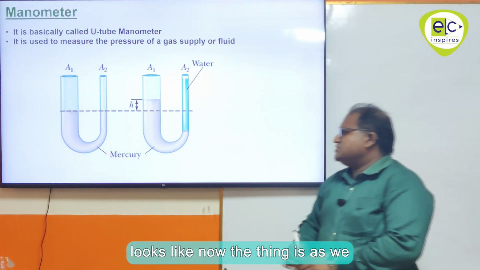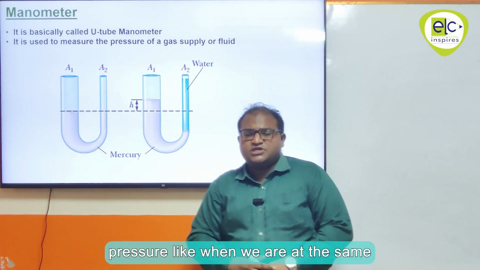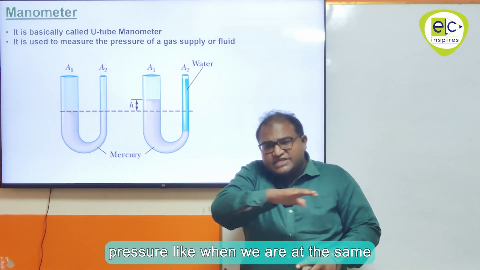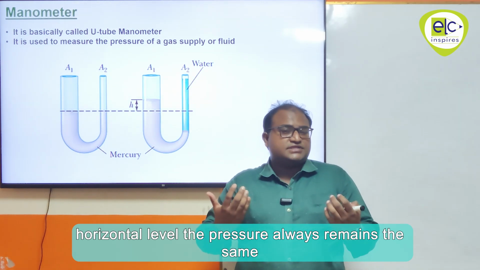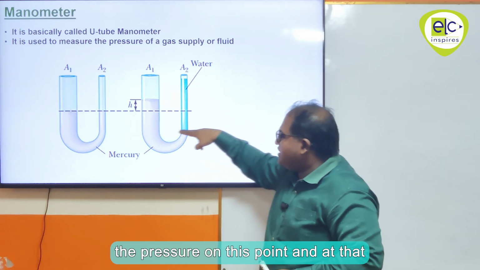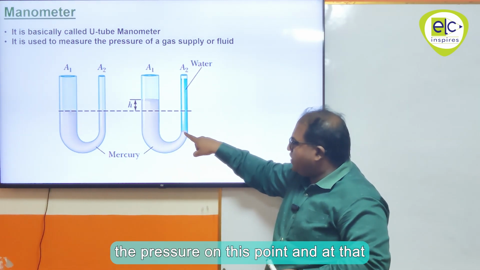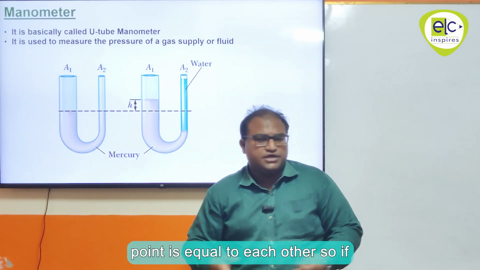Now there is another concept of pressure. When we are at the same horizontal level, the pressure always remains the same. If we see along this horizontal level, the pressure at this point and at that point is equal to each other.